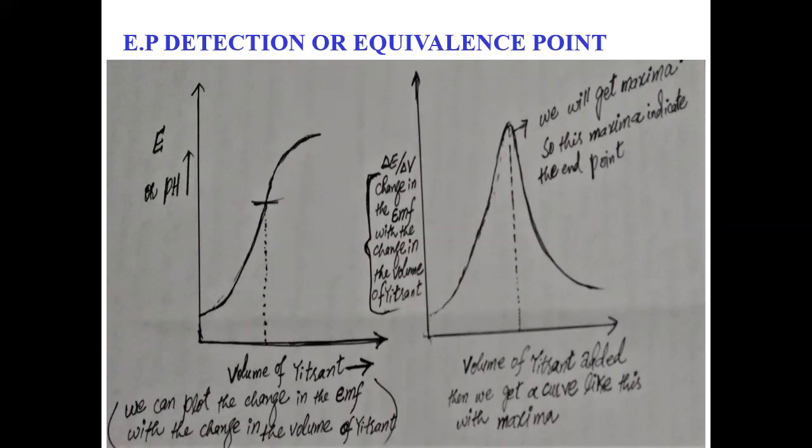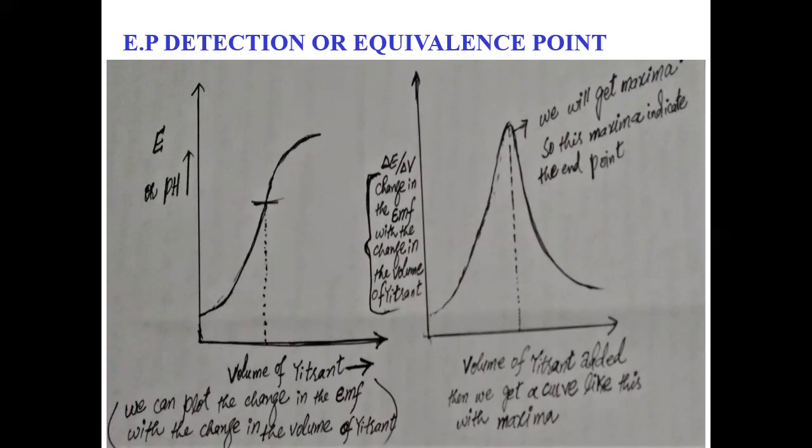The first method is that we add the volume of the titrant from the burette at regular intervals, and then by adding the volume of the titrant, we observe the EMF or pH of the solution. So we will plot a graph between the volume of the titrant added and the change in the EMF or the pH.